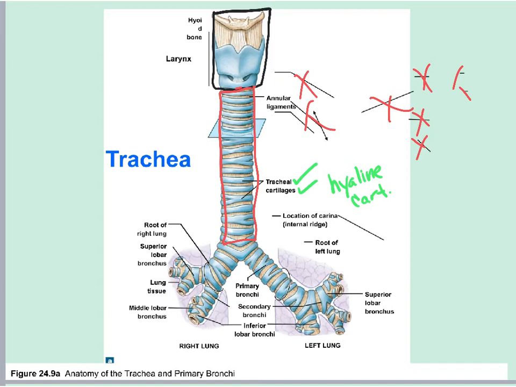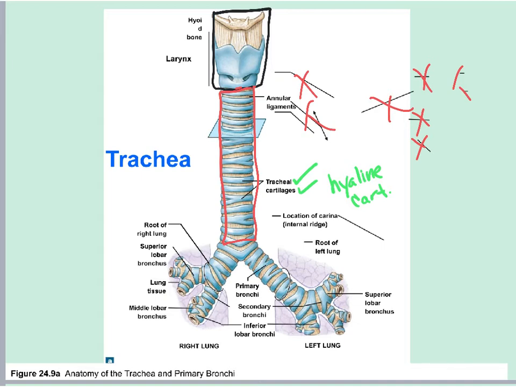I'm not sure if I mentioned it in the digestive system lecture, but the esophagus collapses on itself and is only open while food and drink are passing through it, and that prevents pathogens from having a direct open door into the body. Well, the trachea is a little bit different in that if you're not inhaling, you're exhaling. So the trachea really needs to be open full time in order for gas exchange to occur.